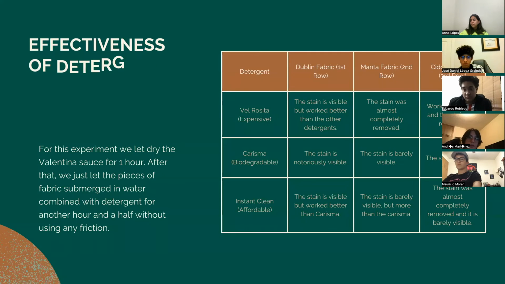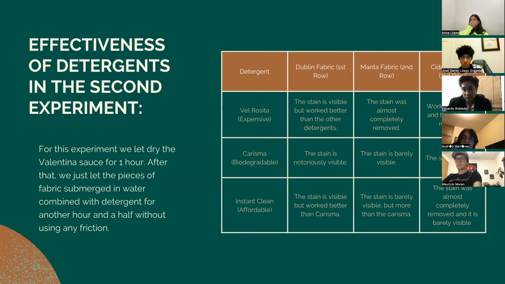Proceeding to the second experiment, we let the Valentina sauce dry for 1 hour, and after that, we let the pieces of fabric submerge in water combined with detergent for another hour and a half without using any friction. The results that we saw were that Bel Rosita, the expensive one, worked better than any other detergent, as the stain could not be seen as much as the other ones.